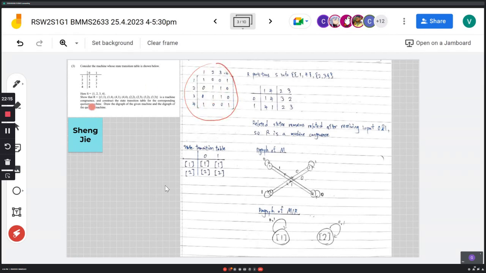So this is from the set R given here. Okay, and if you want to show that this is a machine congruence, you can convert this to the table like this. After the input 0 and 1, what happened to 1, 4, and 2, 3?